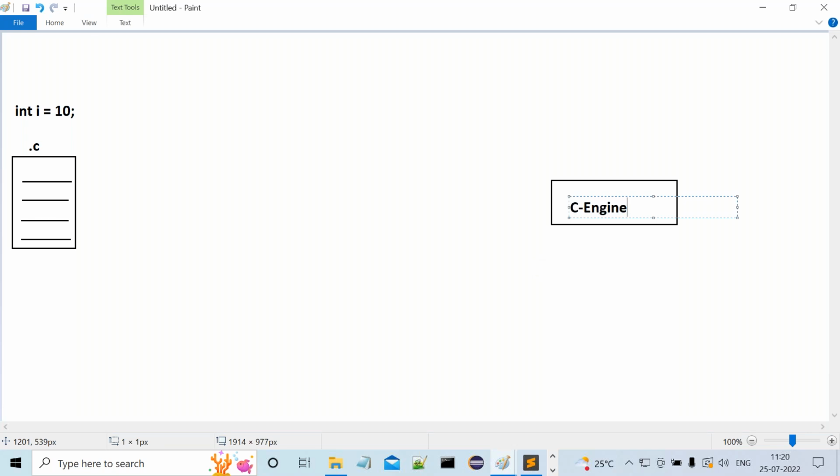To execute C++ applications, we need a C++ engine. Similarly, to execute Python programs, we need a separate engine, the Python engine. In other words, it is called a PVM. What is that PVM?